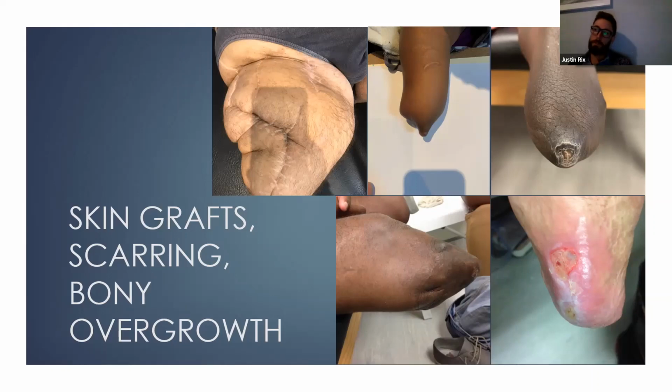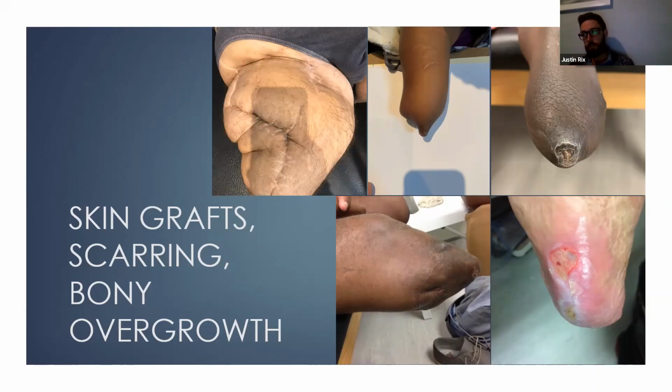It is possible to use split thickness grafts to hold under the forces. They generally can hold under the forces applied by the prosthesis, but the grafts will be most successful when they're not adherent to bone. Application of the graft over a cushioned mobile muscle bed is ideal.